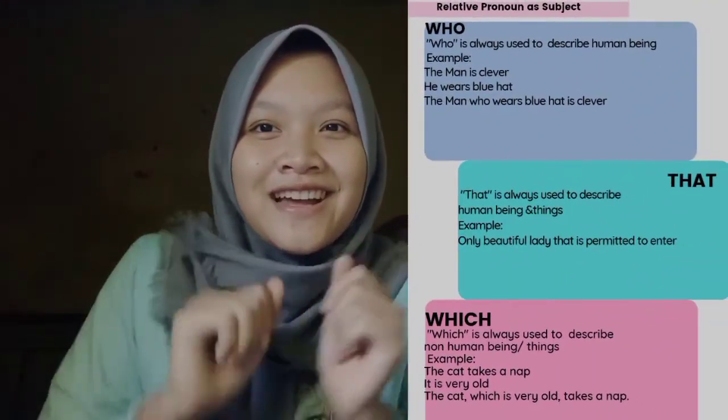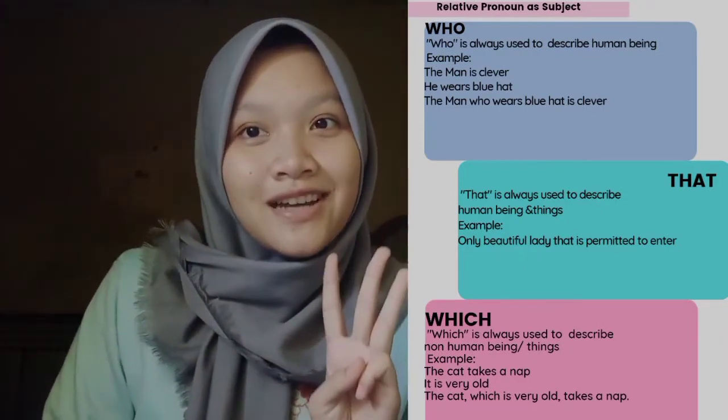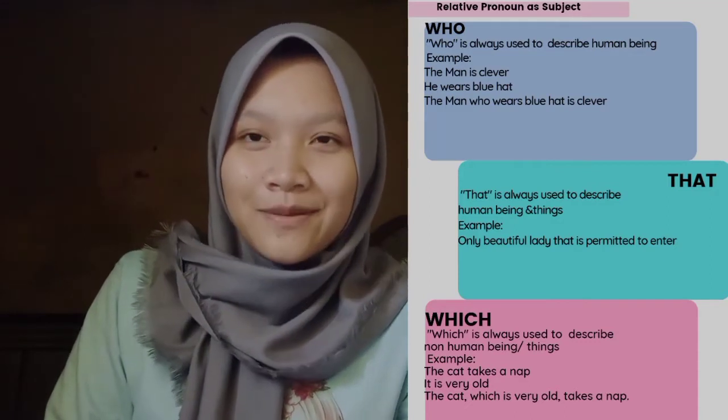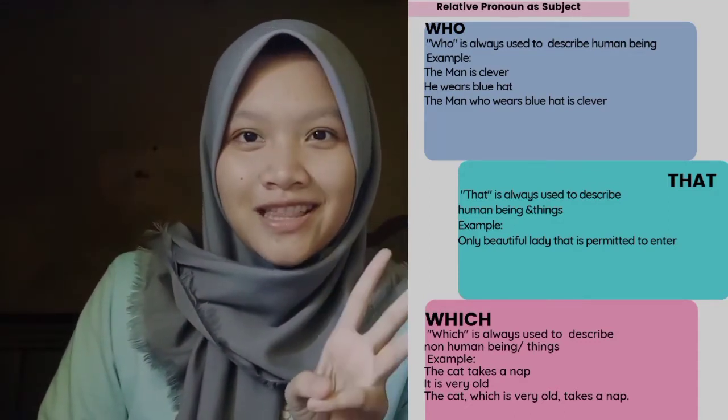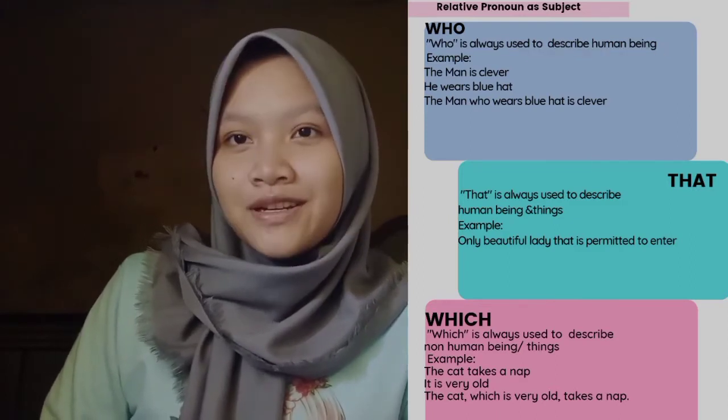Hello everyone, I'm Septiani Ningrum and I will explain to you three types of relative pronoun as subject. The first is who, the second is which, and the third is that. I will explain it step by step. The first is who, used to describe a person or human.